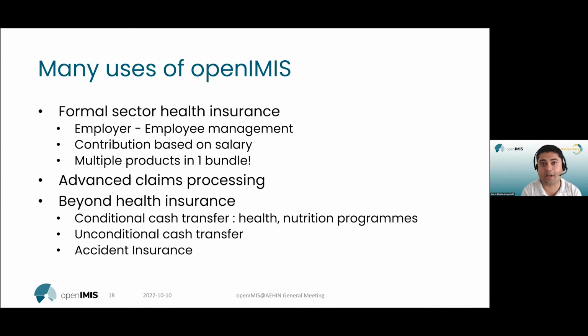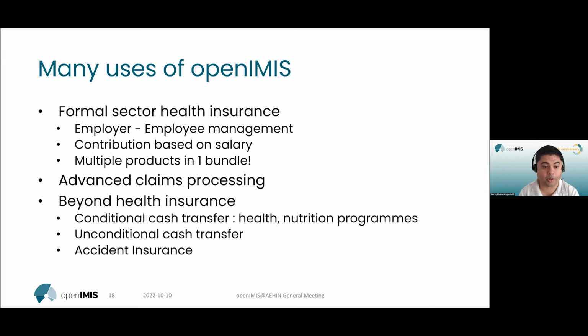So if you already have an MIS working to manage the business processes in your health insurance, but need the power of AI to do some claims processing, you could just use this part of openIMIS to really help you instead of having to reinvent the whole thing in your own tool set.